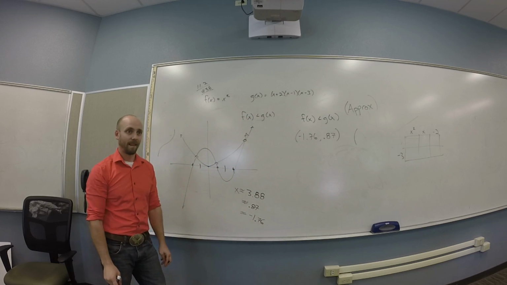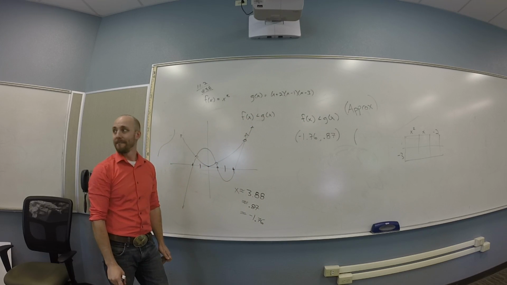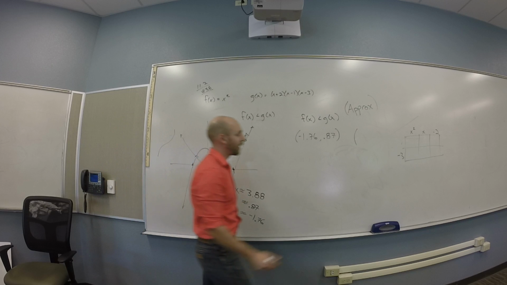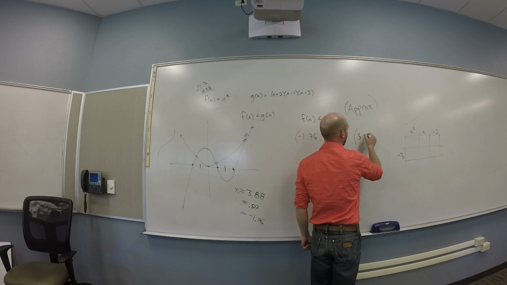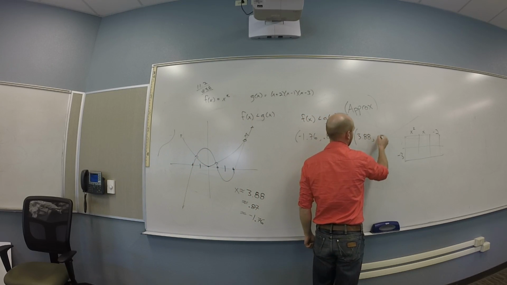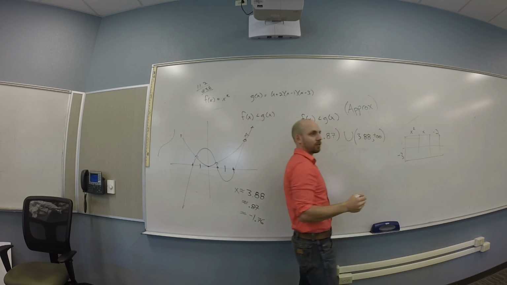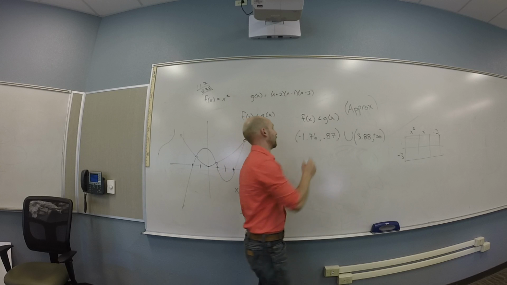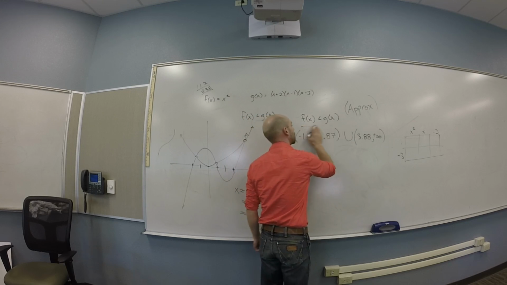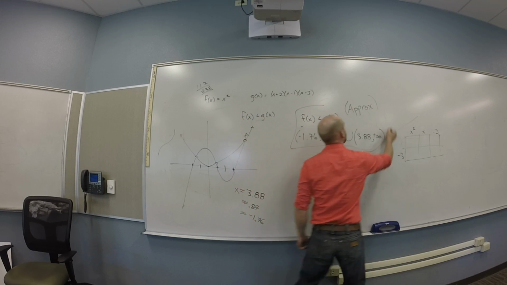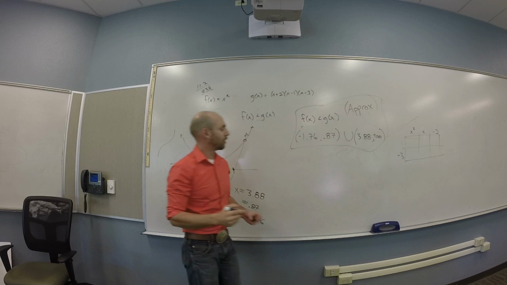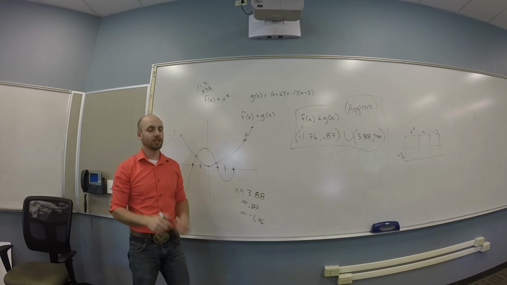From 3.88 on. So I need to stick those together, right? So this would be my answer. F is smaller than g, at least approximately on these two intervals.